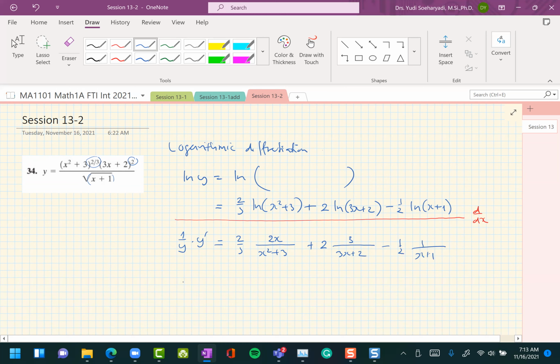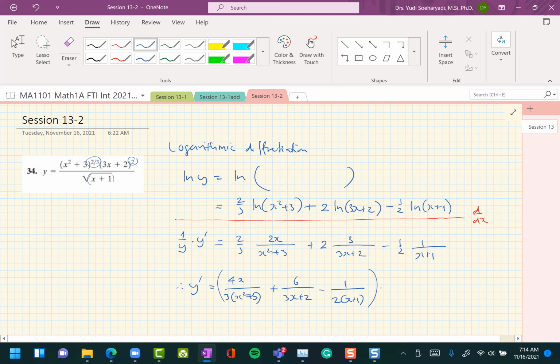So y prime is now this term: 4x plus 6 over 3x plus 2 minus 1 over 2 times x plus 1, like this.